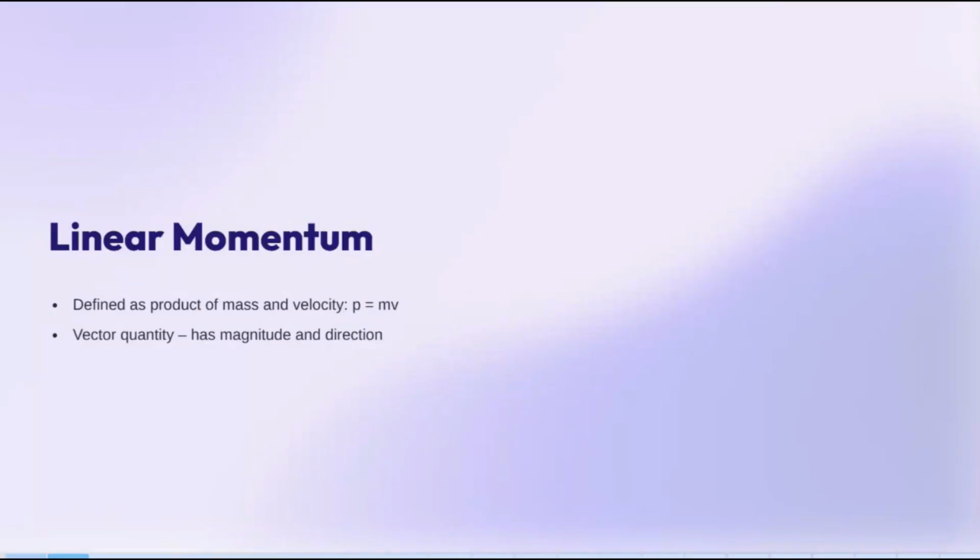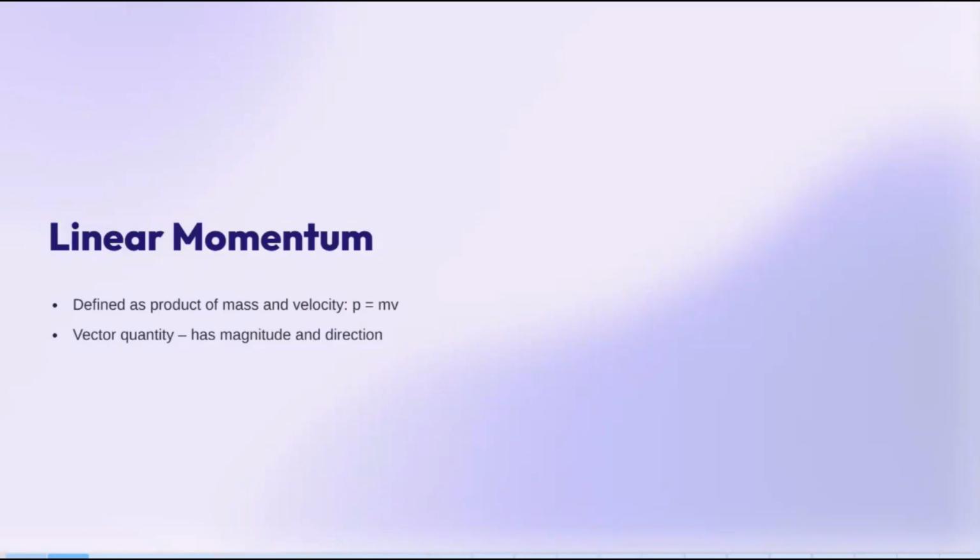So it is known to be a vector quantity, meaning, if you remember during our vector class, we said vector quantities are quantities that have magnitude and direction. So it means that the momentum also has direction. As much as it has magnitude, it as well has a direction.